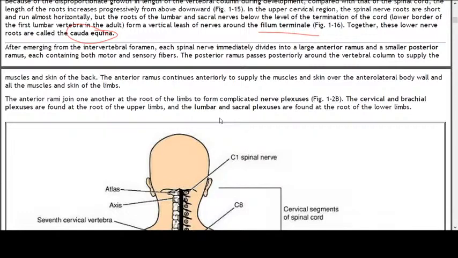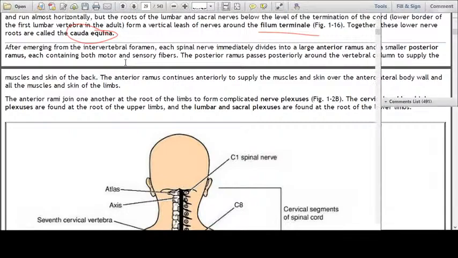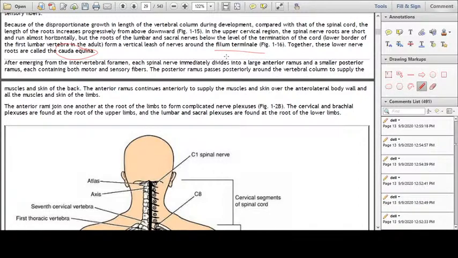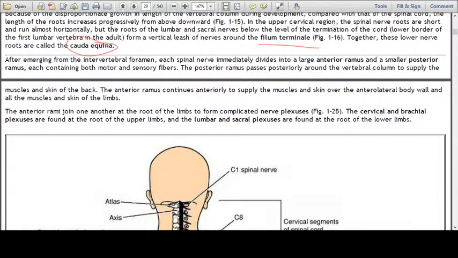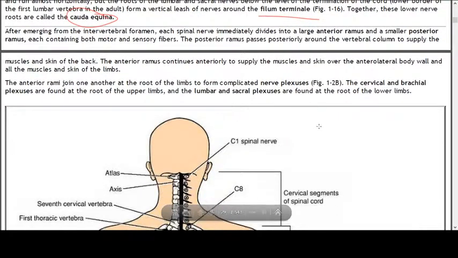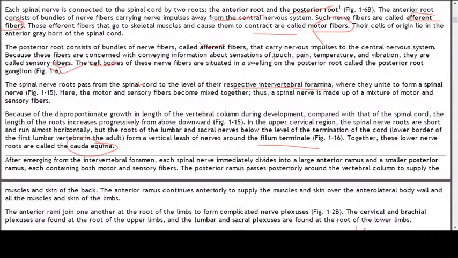Previously, I used to think that motor fibers and the afferent fibers were the same, but these are actually different things. Afferent fibers. Okay, let's see.